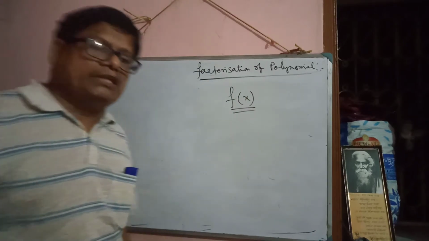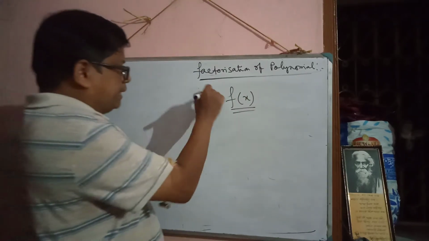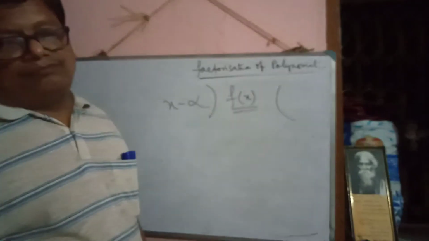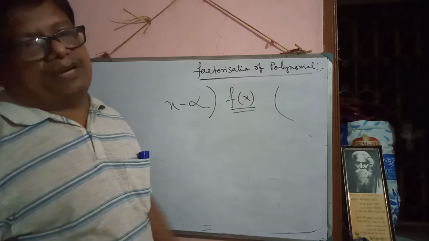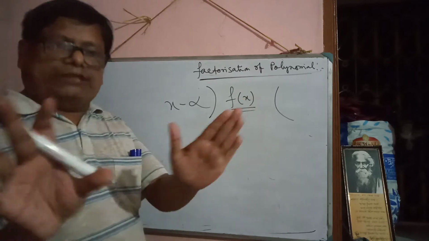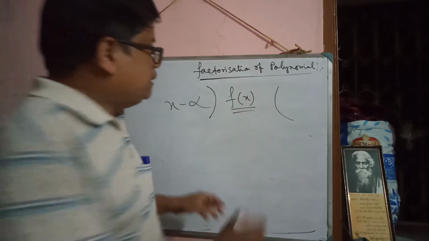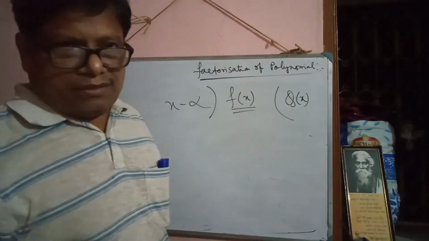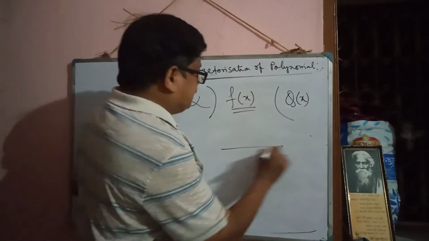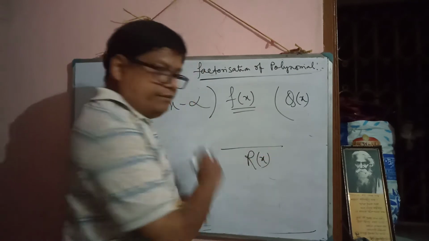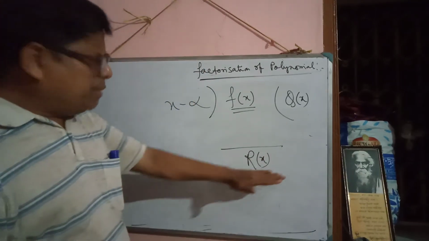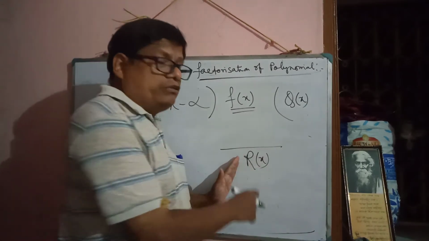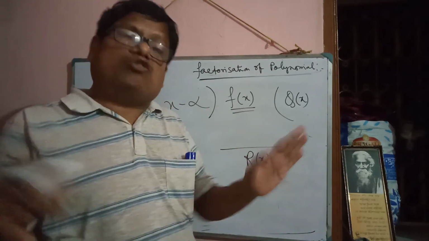If we divide by x minus alpha, we will get one quotient and remainder. Suppose the quotient is q of x and the remainder is r of x.